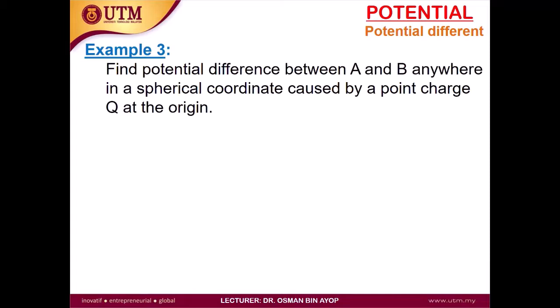Let's see example 3. Find the potential difference between A and B anywhere in a spherical coordinate caused by a point charge Q at the origin. That is the question.